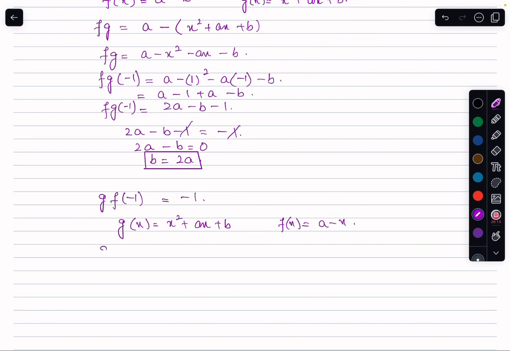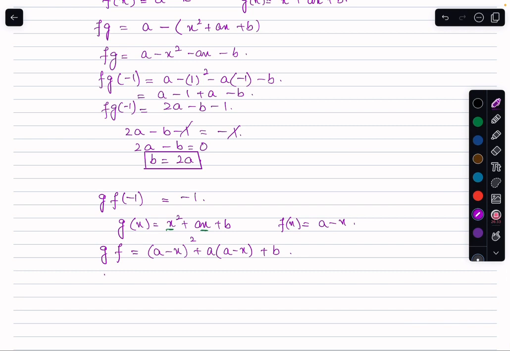So for g of f, in place of x, I will be substituting the function f here. That means I should be getting (a minus x) the whole squared plus a times (a minus x) plus b.